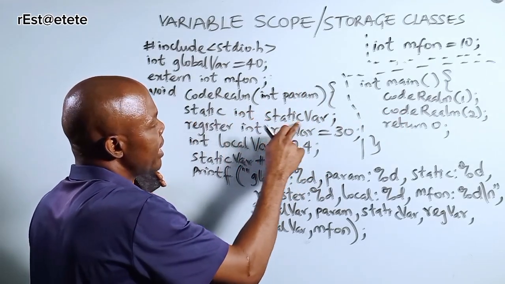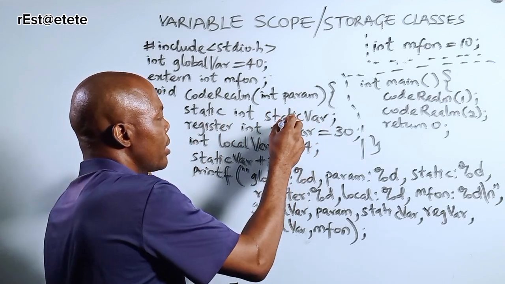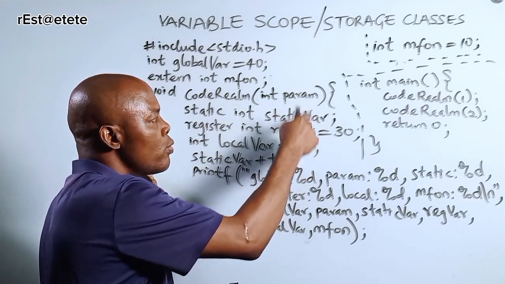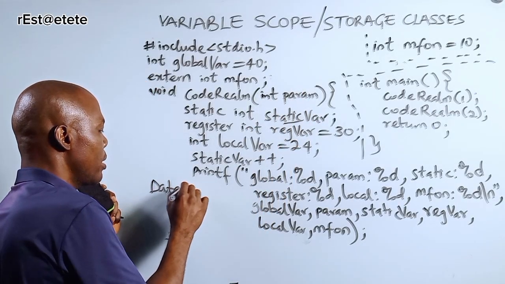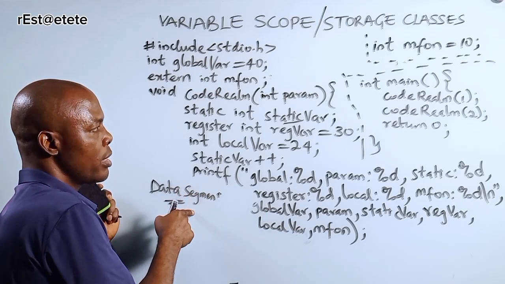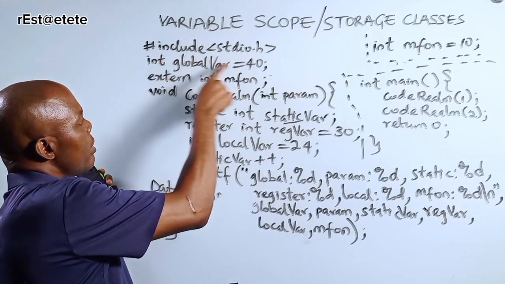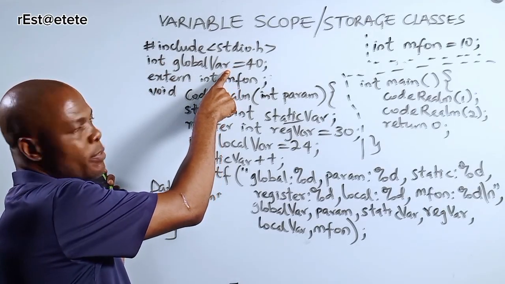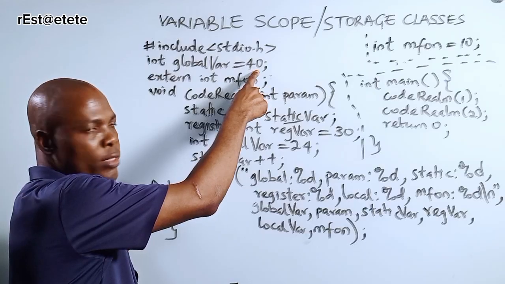Static int, static variable. This variable will now be created. So the memory location for this variable will be in what? Data segment of the memory. The whole of this program, global variable has been created in the data segment too, and 40 assigned to it.